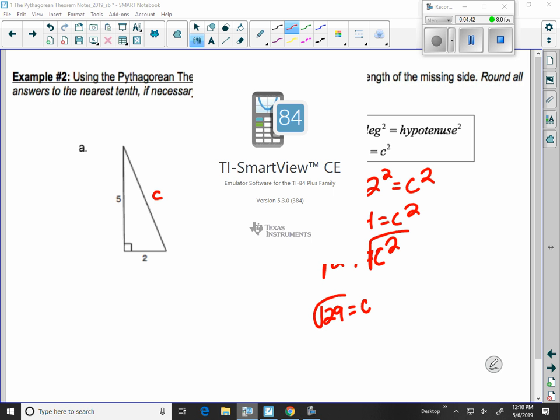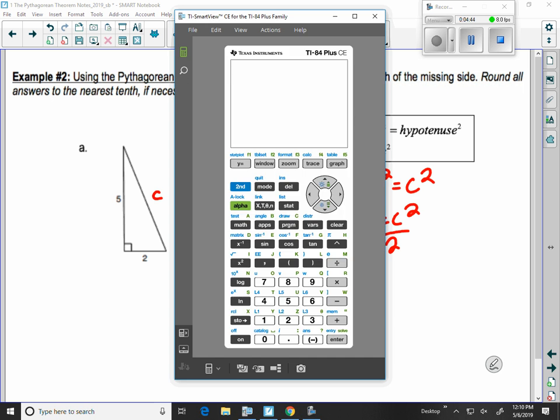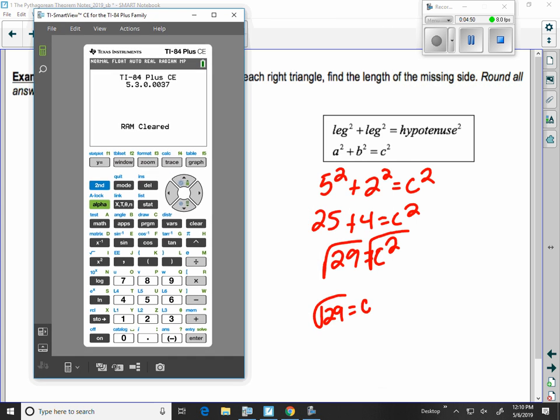Let me just make sure that we're all on the same page here. We put the square root of 29 in our calculator and should get about 5.4, rounding to the tenth.